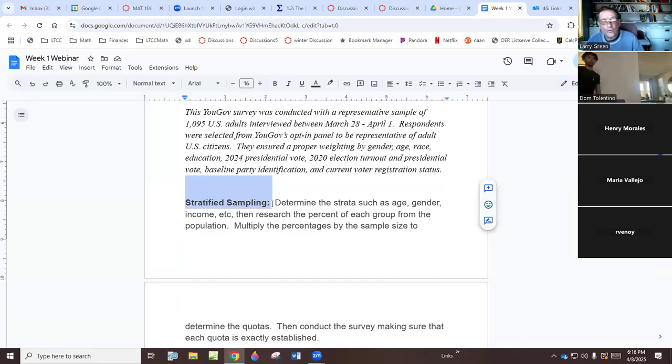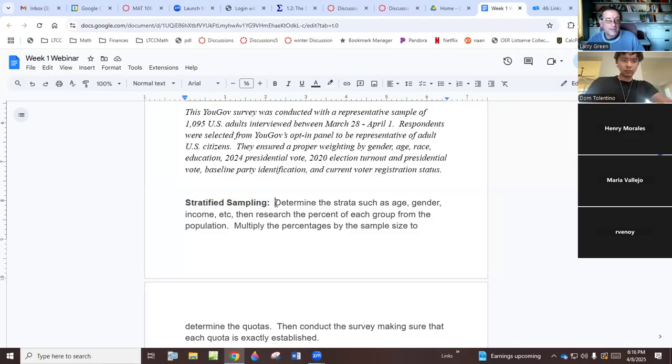So it's very important you get this down. Stratified sampling is kind of the most common sampling that is done in trustworthy sampling. And here's what it is. Okay. So it's a step-by-step process. And I want to let you know you must do these steps. Okay. If I ask you to do stratified sampling.